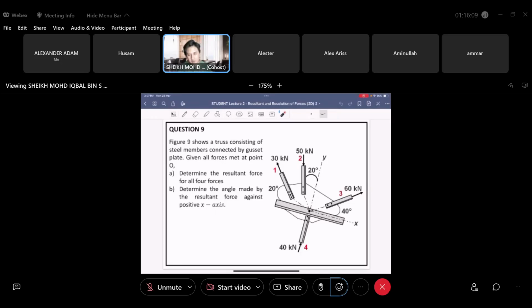This chapter is not that hard. 2D, 3D, and so on is not that hard, but it is a bit confusing, right? So the only way to tackle problems like this is if you do a lot of exercise. You need to do a lot of exercise, right? Because it's just finding angles, finding magnitude, and so on. It's just very easy. And then there's just two formulas for this chapter: cosine rule and sine rule.